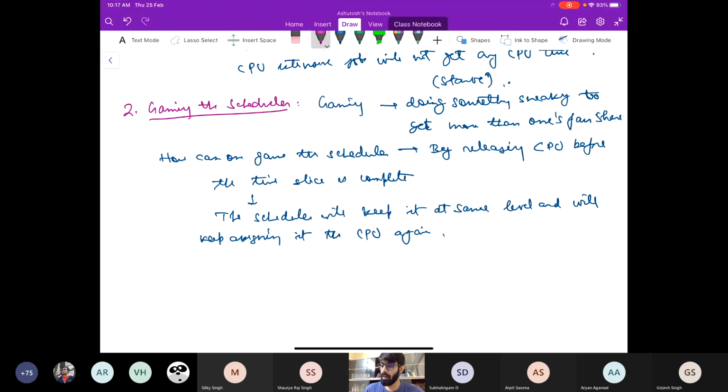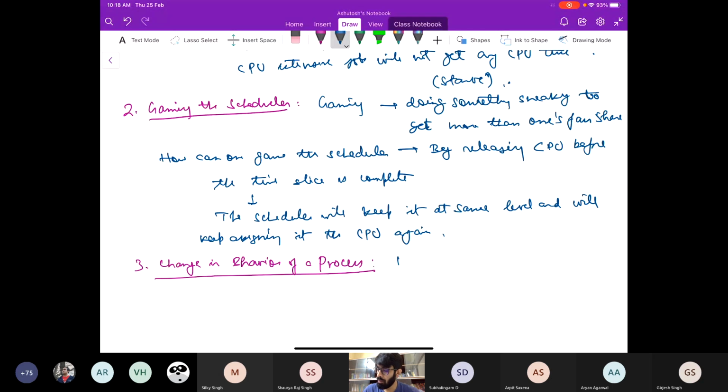And the final problem is, what if a process changes its behavior? Suppose the process uses a lot of CPU initially, it is doing some computation, and now it wants to be interactive. There's no way to do that, right?